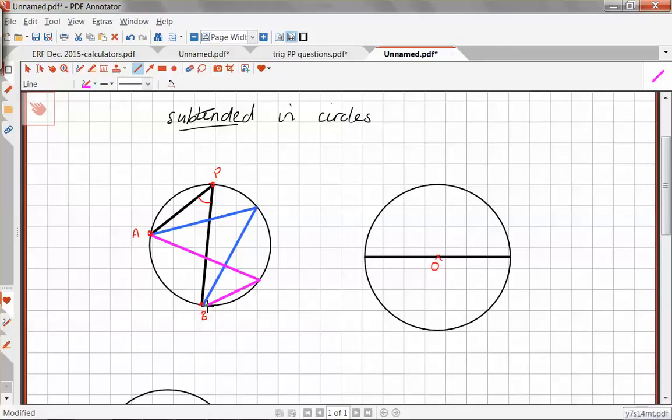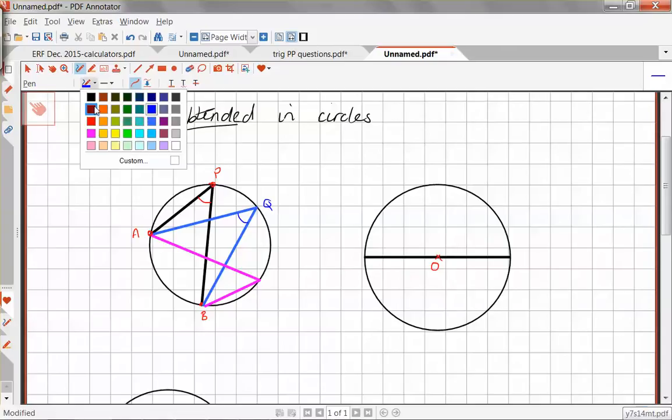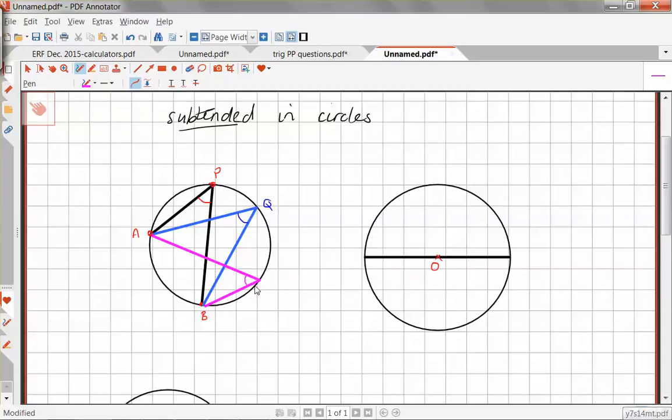So I always start at A, finish at B, but maybe I go to point Q, I get another angle, or I go to point R, I get another angle.